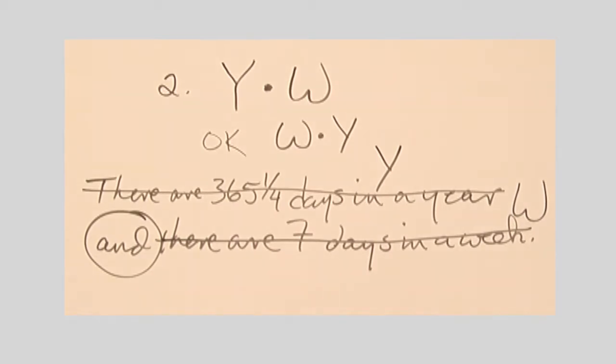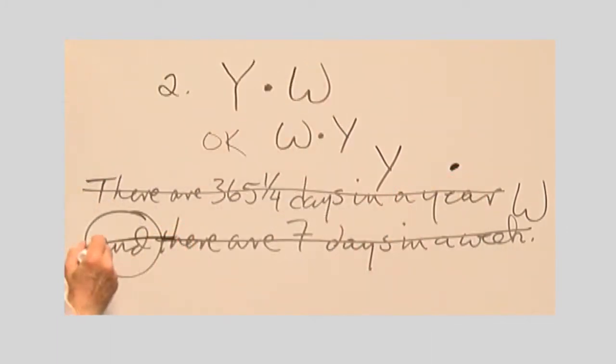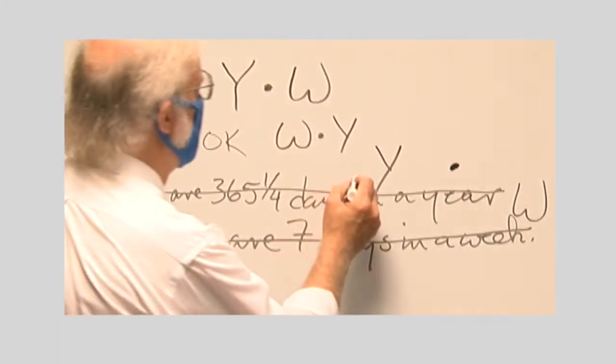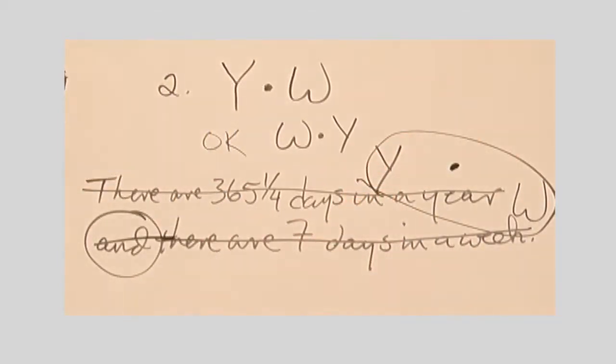Now we have to use our symbols to represent this conjunction. The word and is always going to be represented by a dot. So we put a dot up here, strike through there, and here we have the answer, Y dot W. That's called the strike-through method.